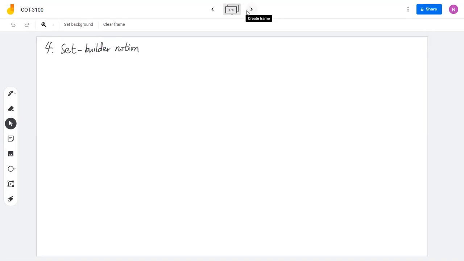Set builder notation is just where we specify the common property of all elements in the set. Okay, for example, S1, if you remember S1, I can say S1 is any student at FIU registered for this course.